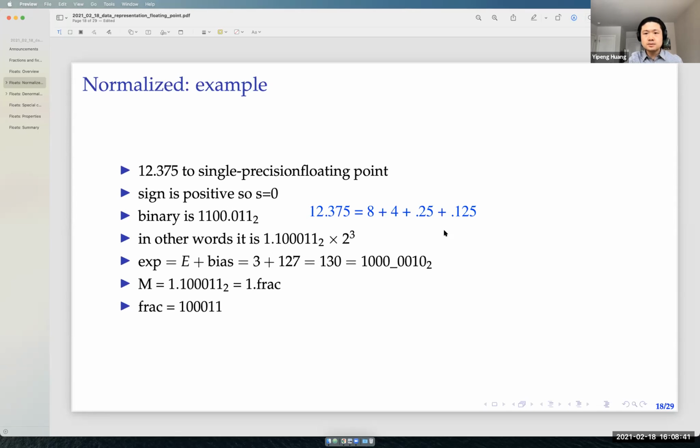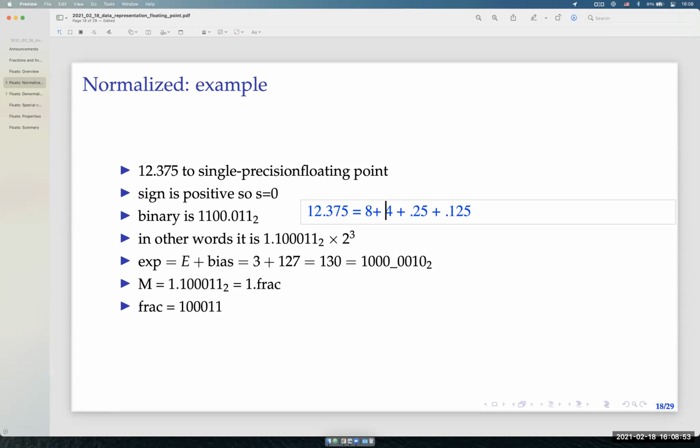The steps I did are: we have our base 10 number, and we break it down into what the digits in a binary number are, and whether that digit is a 0 or a 1.